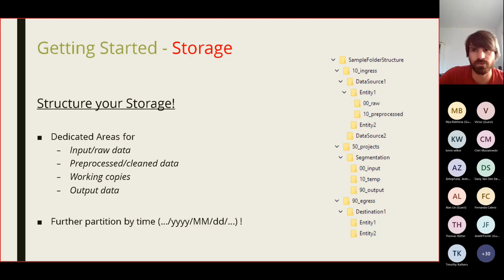I usually prefer to structure them by data source, then further by entity, and then the level of enrichment, like raw and preprocessed, as I mentioned before. In addition to that, you will usually have a partitioning by time. So the data lake store is just a dump file store. It's not more nor less.